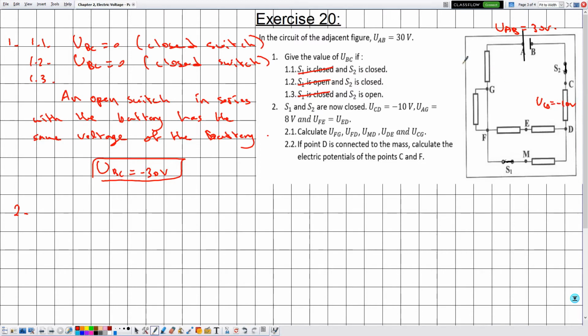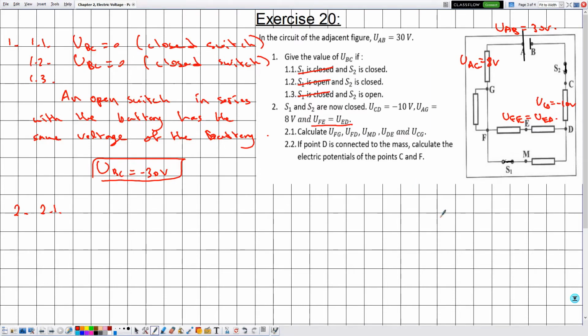UAG is equal to 8 volts. And UFE is equal to UED, so this is important. So let's say that UFE is equal to UED. So this can be the case of identical electric components in series.